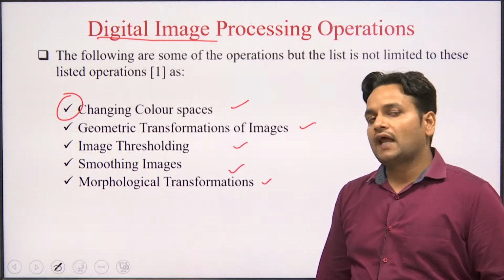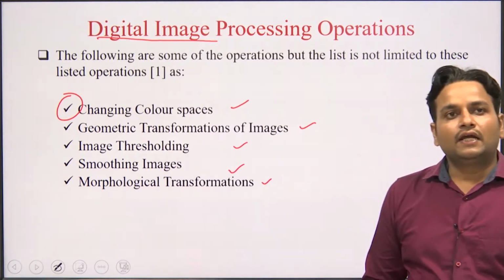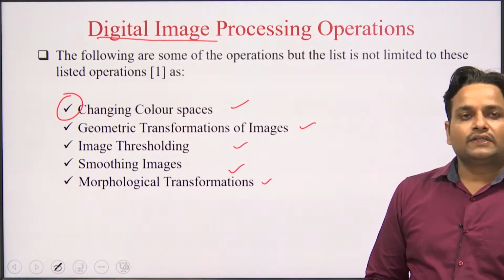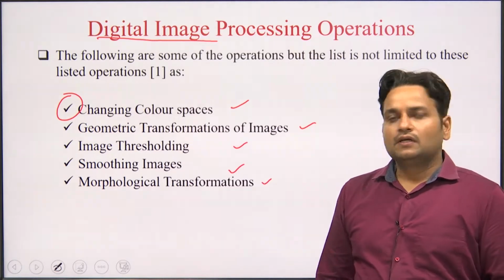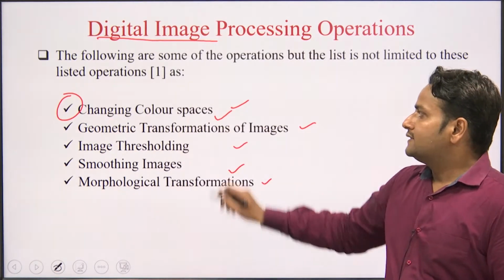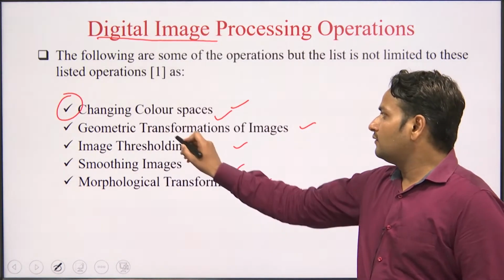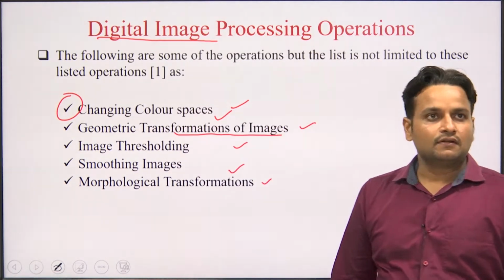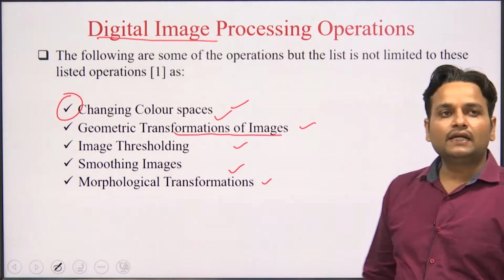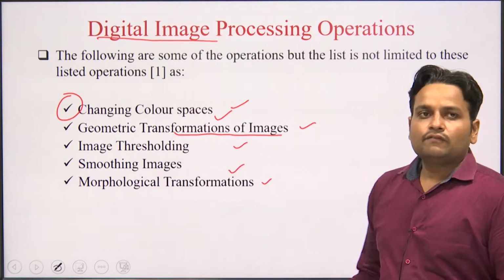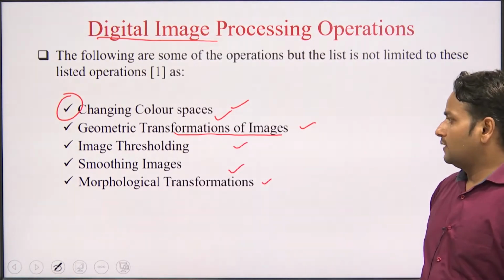How we can convert red, green, blue color into hue, saturation and some other terms, we will talk about in changing color spaces. The second one is geometric transformation of images. How we can geometrically identify these images for further processing.